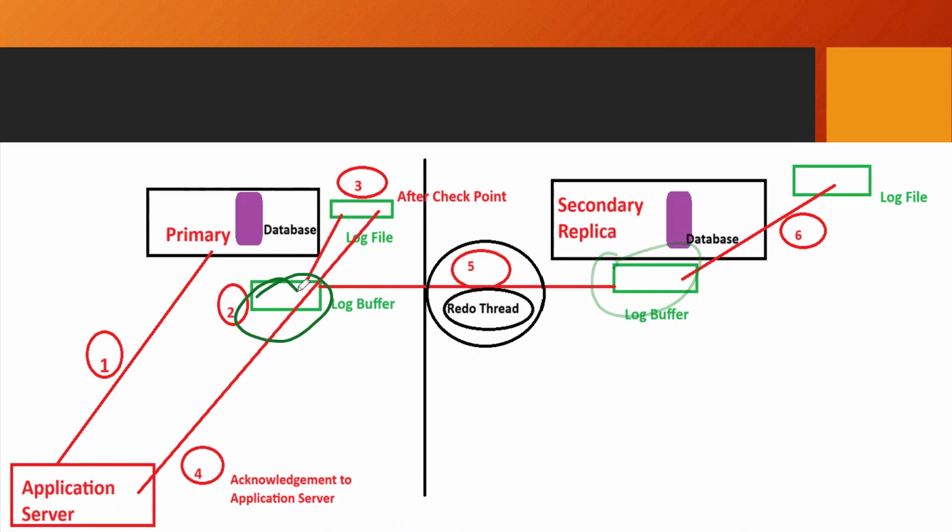Sometimes, if the checkpoint has happened and the data has been moved, the redo thread will go and read the log file also. You cannot say the redo thread's responsibility is to read only the log buffer. If it does not find the records there, it will read from the log file also, right?